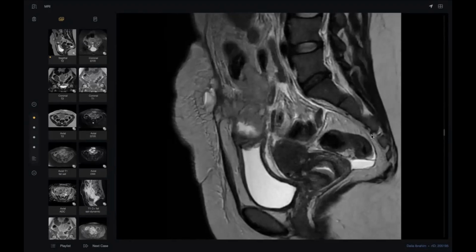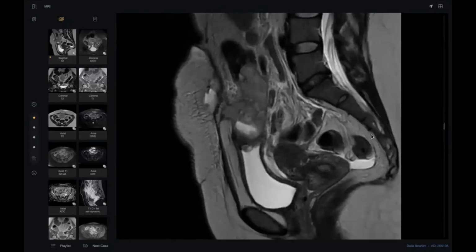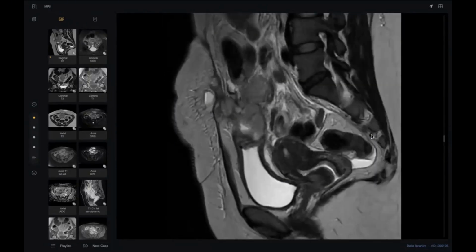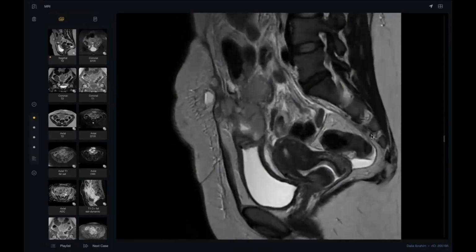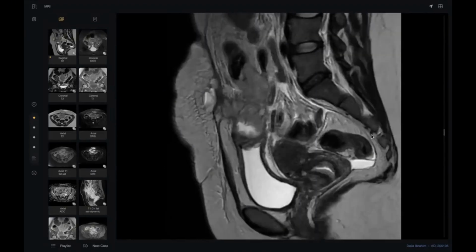There is an indentation at the inferior aspect of the uterus, likely due to previous C-section scar. Endometrial thickness is normal. No uterine mass appreciated. Junctional zone is well preserved. Cervix and vaginal structures are normal. I would like to see the axial post-contrast and diffusion weighted images to further comment on my findings.